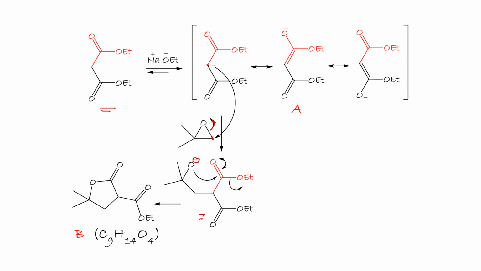This O will be the nucleophile, attacking the ester functionality for ring closure and forming a lactone, C9H14O4. That's compound B, our final product.